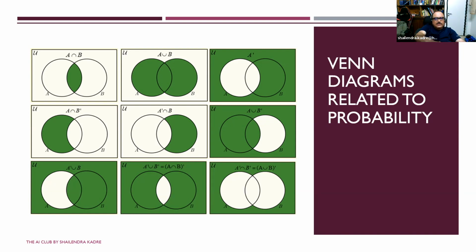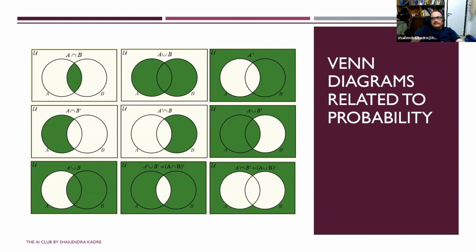Now the next one is A dash union B, similar to the first diagram. The second one is A dash intersection B. You got it. Now another is A union B dash. Is it understood why it is the shaded green area?